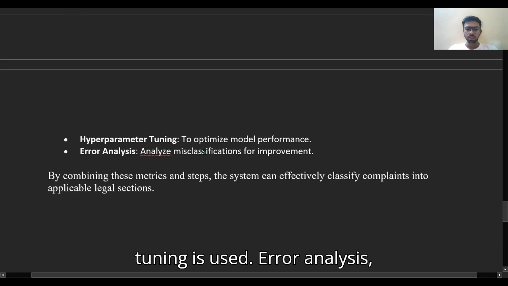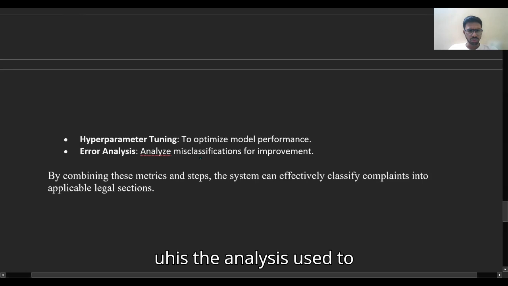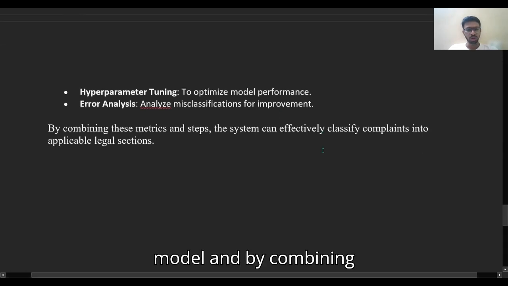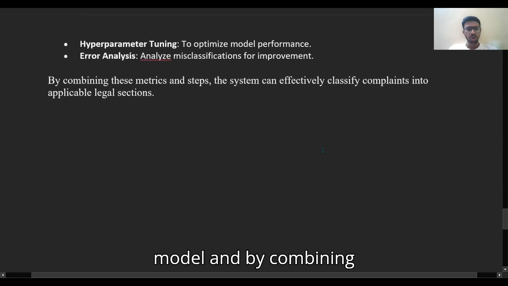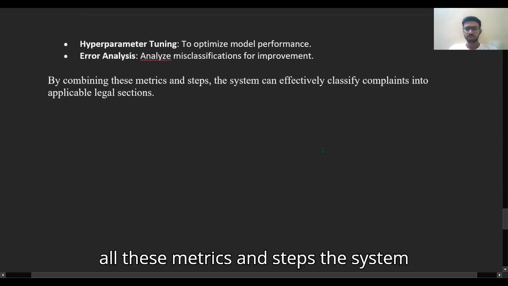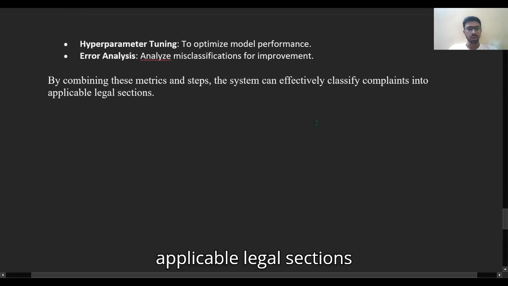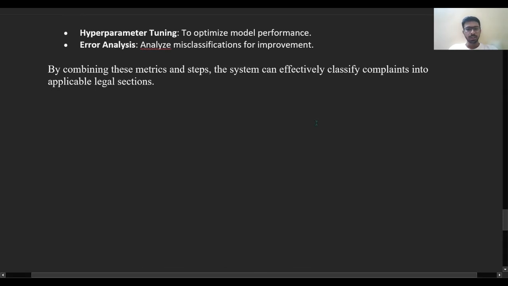Error analysis is used to analyze misclassifications for improvement, to identify the misclassifications of the model. By combining all these metrics and steps, the system can effectively classify a complaint into applicable legal sections.